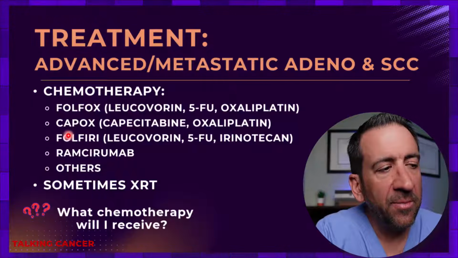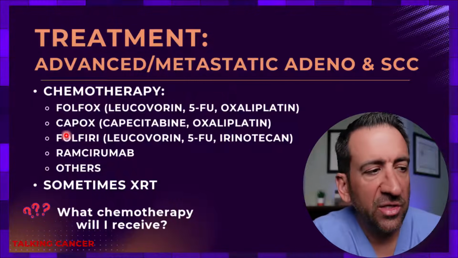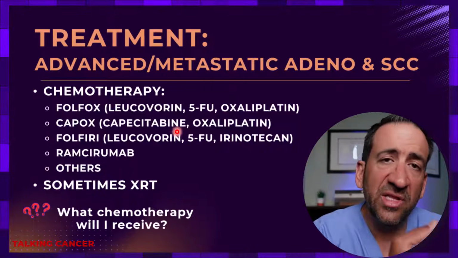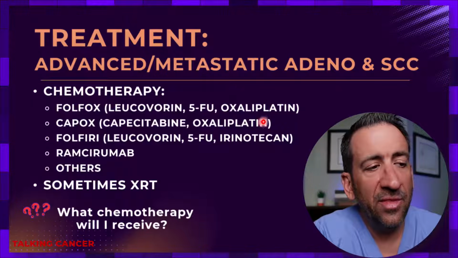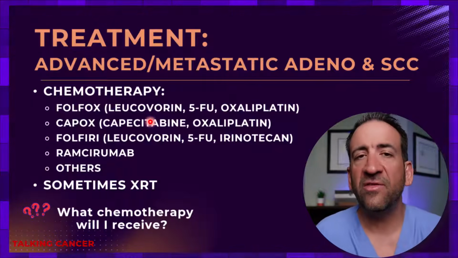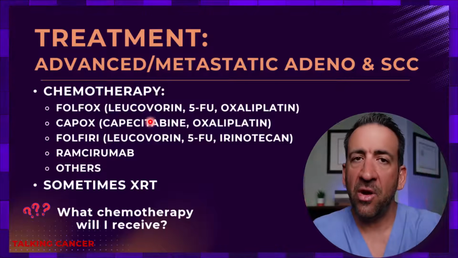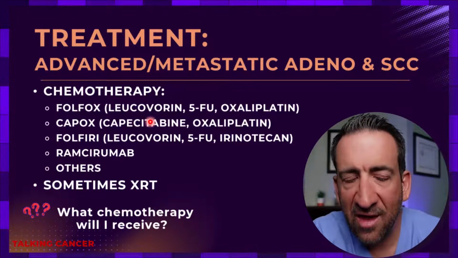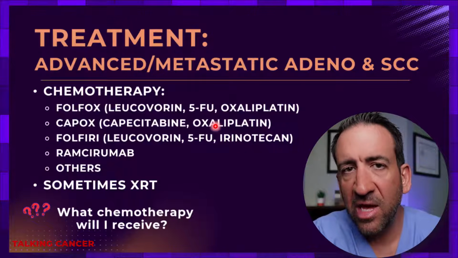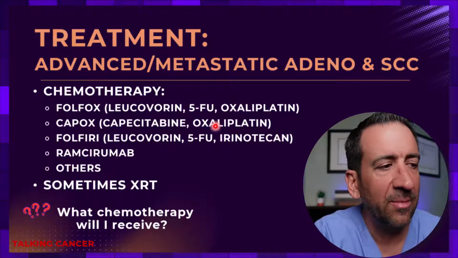The other chemotherapy regimen is called CAPOX. And again, it's capecitabine, which is the oral 5-FU, and the oxaliplatin. Remember, we discussed the nausea, vomiting, diarrhea. We discussed the rash in the palms of your hands, the soles of your feet, called the hand-foot syndrome. And the oxaliplatin, once again, very important medication in esophageal cancer is oxaliplatin.